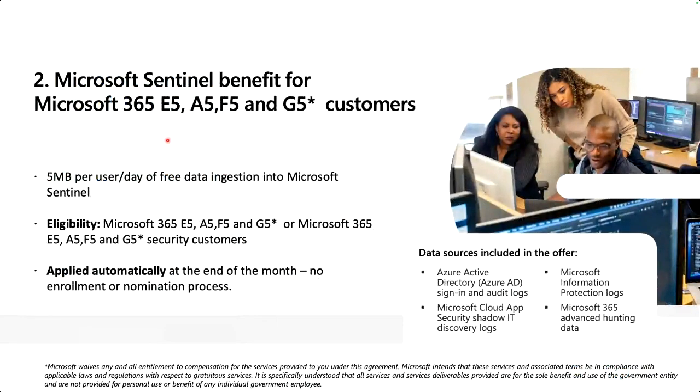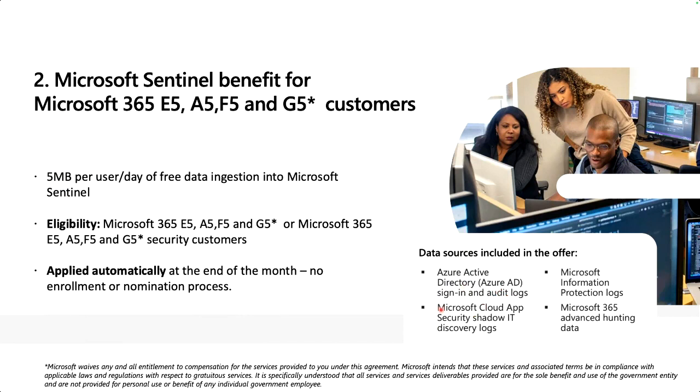Another one: if you have in your licenses Microsoft 365 E5 and other E5 licenses, the premium ones, you can benefit from 5 megabytes per user per day of free data ingestion into Microsoft Sentinel. The data sources included in this offer can be Azure Active Directory sign-ins and audit logs, which is all about identity and access management.